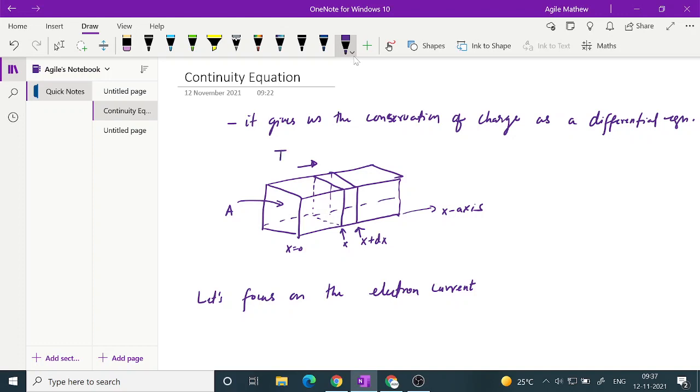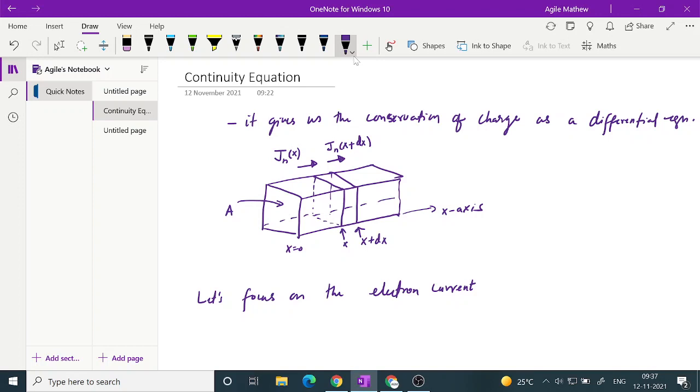Since it is electron current, let's say it is Jn of x, and this current after a distance dx, the current that is flowing out of it, let's take it as Jn of x plus dx.